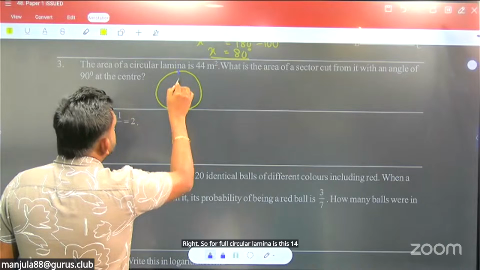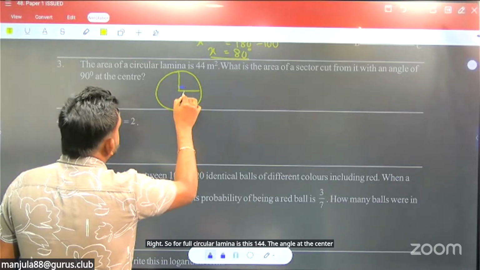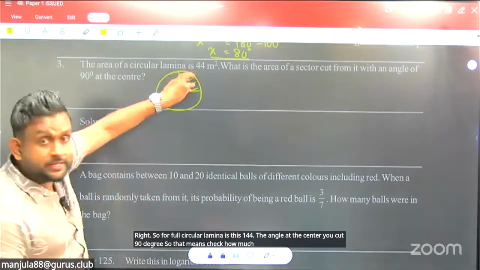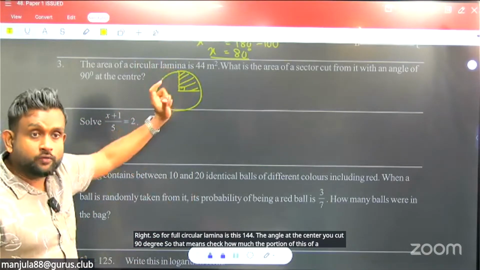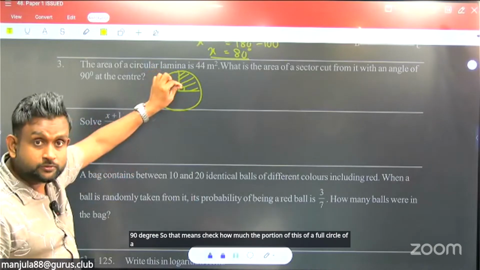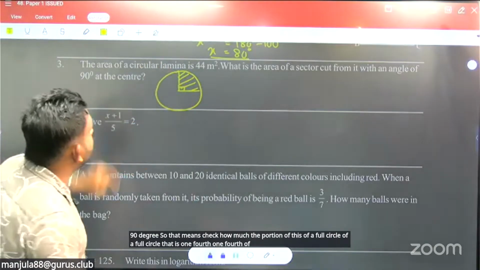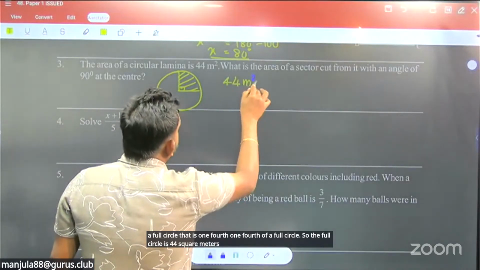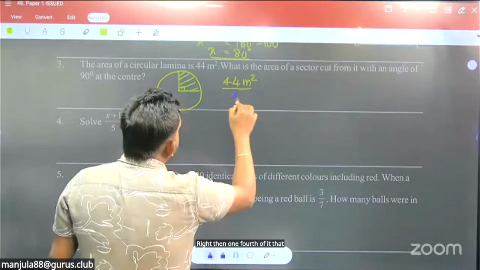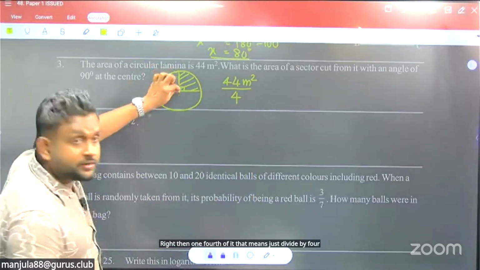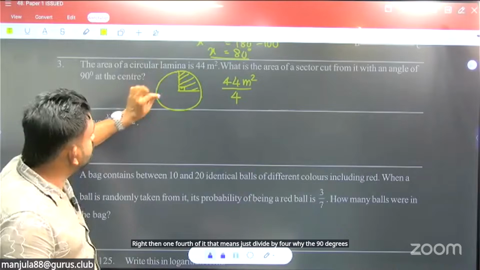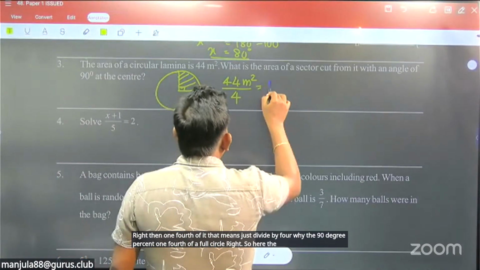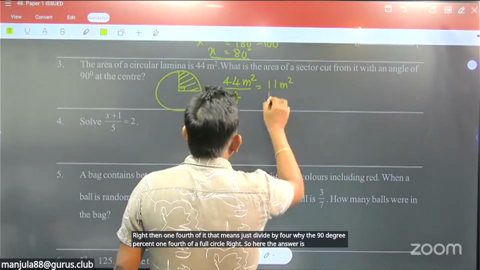The angle at the center you cut is 90 degrees. So check how much portion of a full circle that is. That is 1/4 of a full circle. So the full circle is 44 square meters, then 1/4 of it means just divide by 4. Why? Because 90 degrees represents 1/4 of a full circle. So here the answer is 11 square meters.